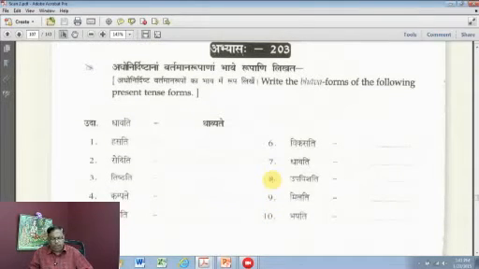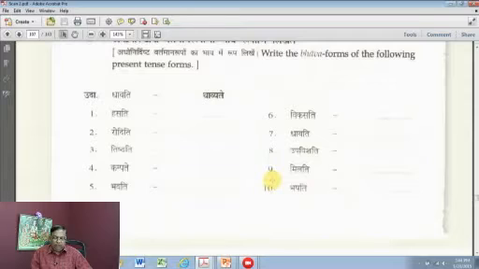Oh, only 5. Adho nirdishtanam vartamana rupanam bhave rupani likhata. Now, these are given in present tense and you have to convert them to bhave prayoga. Okay, hasati, hasyate. Roditi, rudyate, which came here, na? Just now, above.